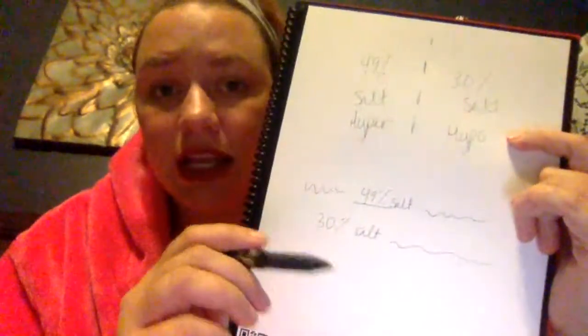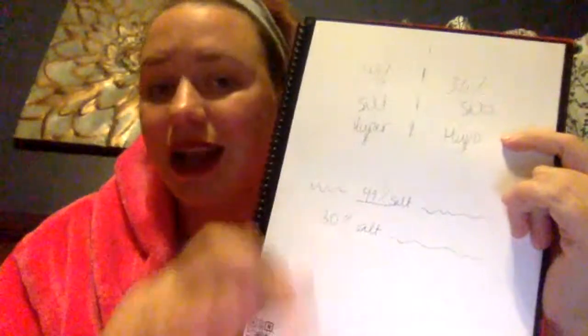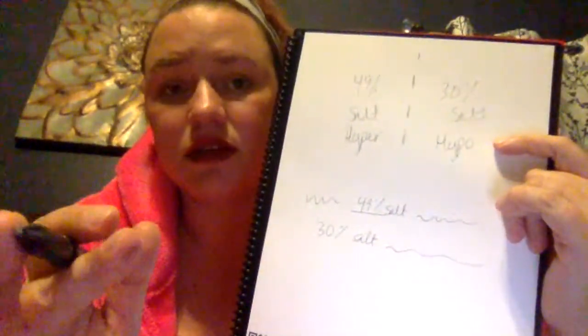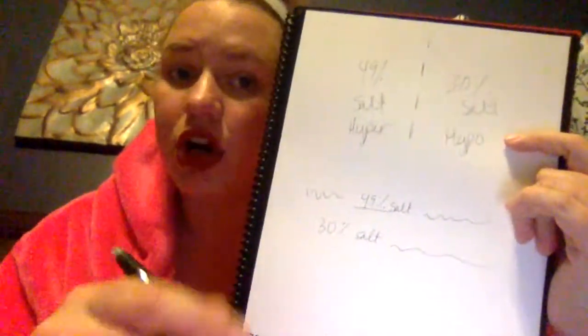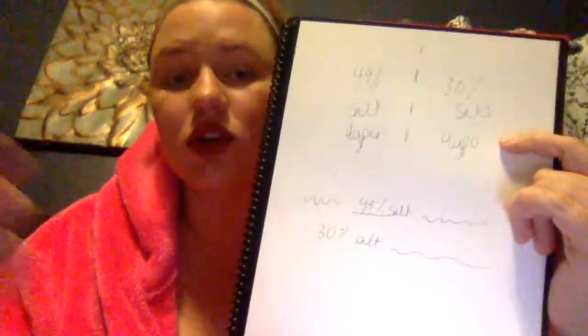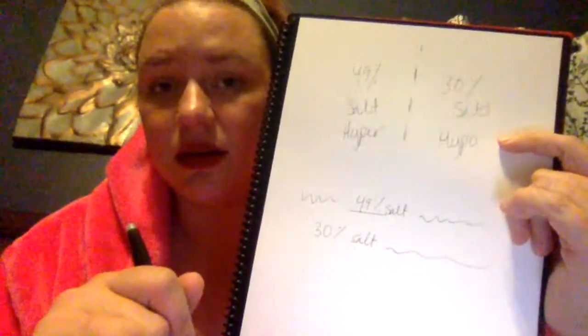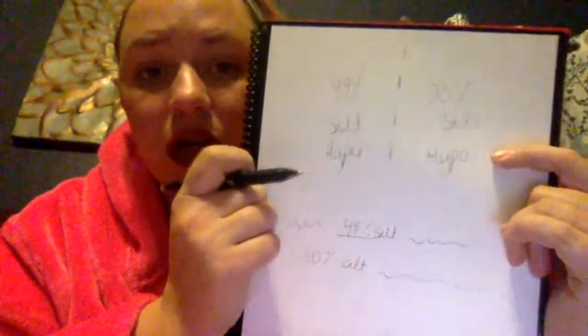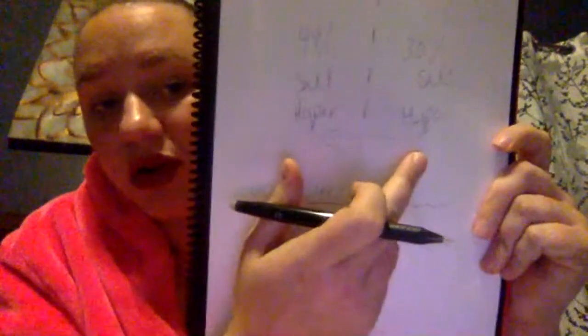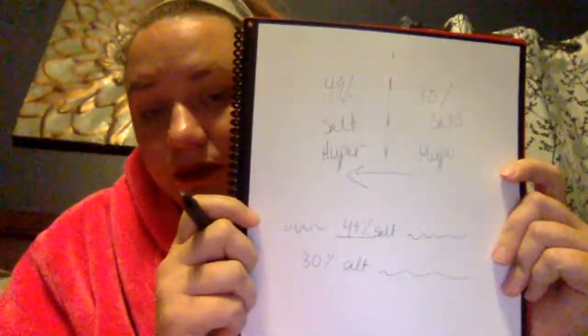Because water is always inside and outside of cells, you just have to figure out whether the water inside the cell is leaving, or water outside of the cell is coming in. You don't know yet what's what, but just draw an arrow going towards the hyper, because water will leave the hypo environment and go towards hyper.